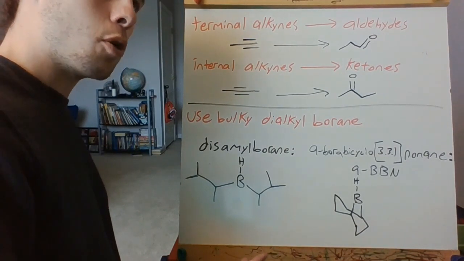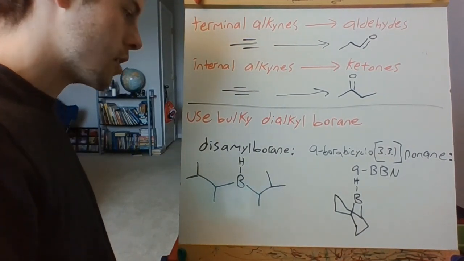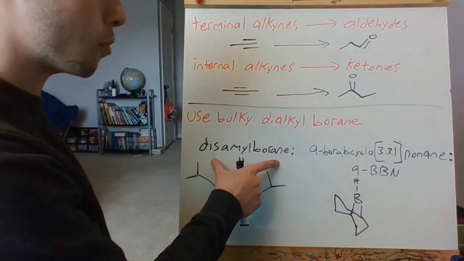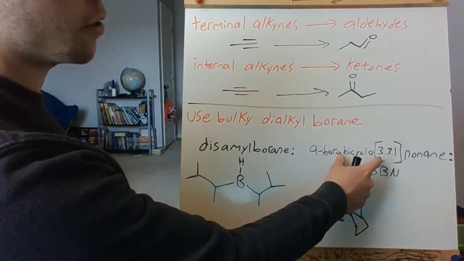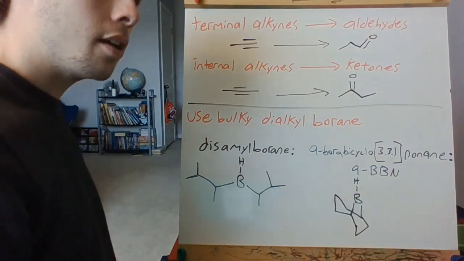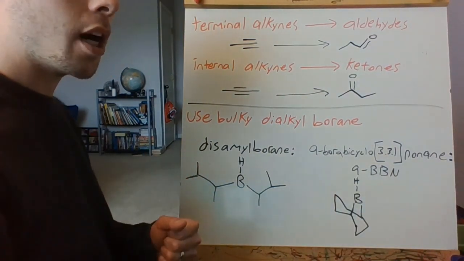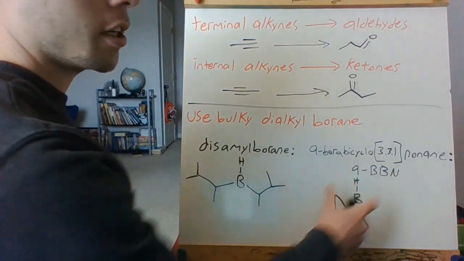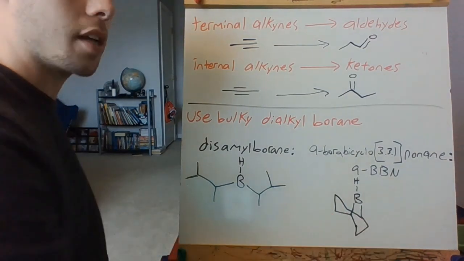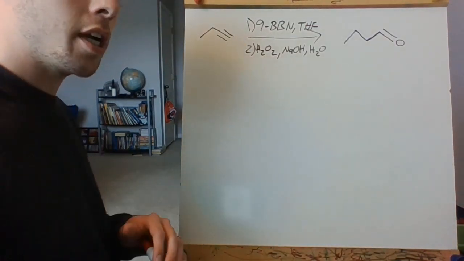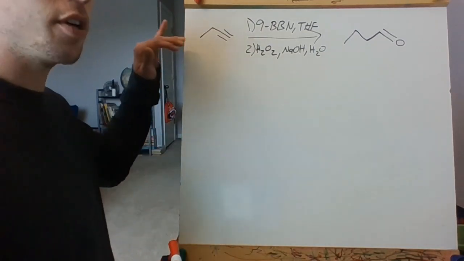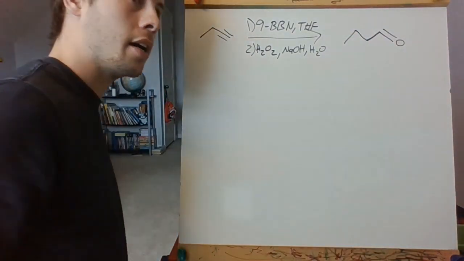2 common bulky dialkyl boranes that you'll encounter are disiamylborane, shown here, and 9-borabicyclo[3.3.1]nonane. You don't need to remember this name. We can just call it 9-BBN, and it looks like this. So let's take a look at the mechanism shown here, converting terminal alkynes to aldehydes.